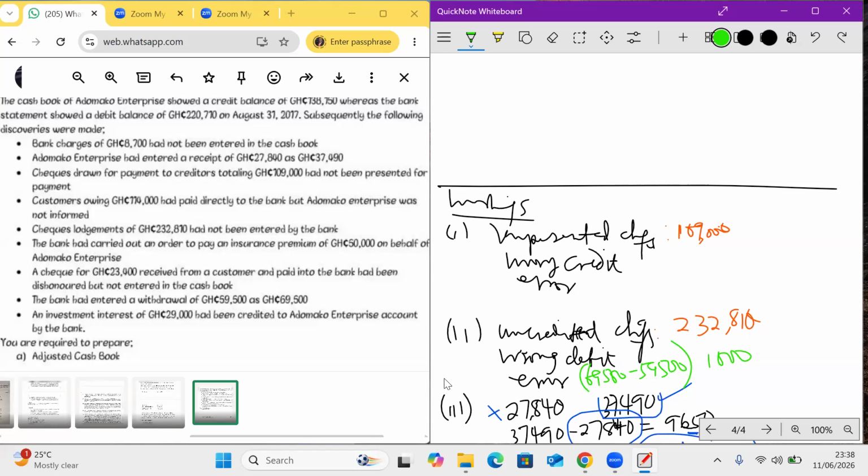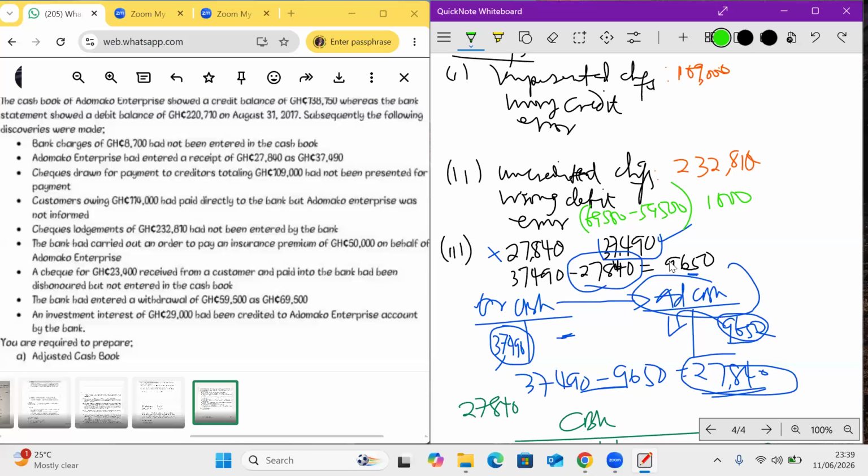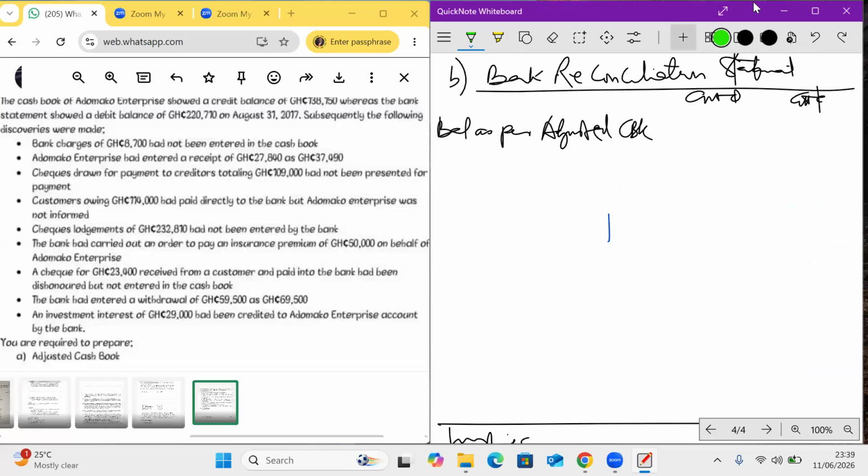An investment interest. An investment interest of 29,000 had been credited to the bank account by the bank. Okay.